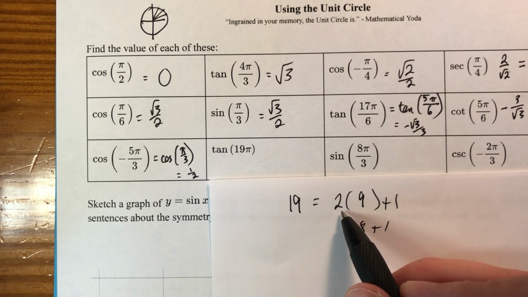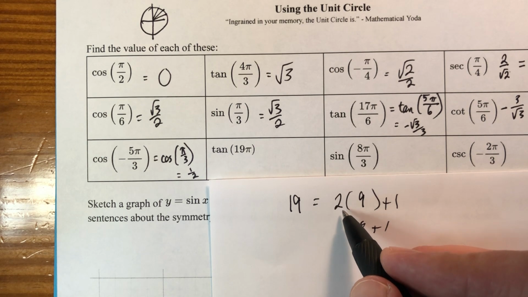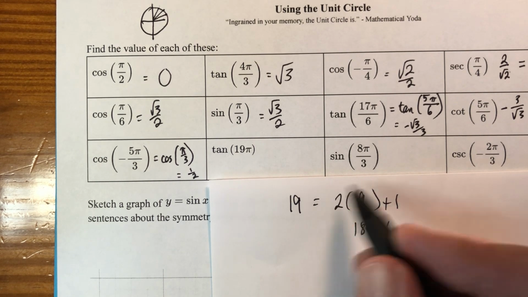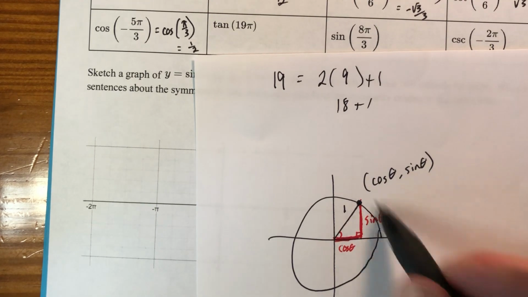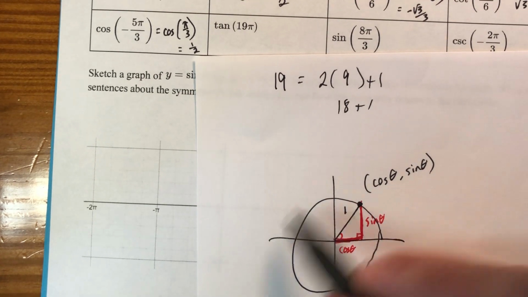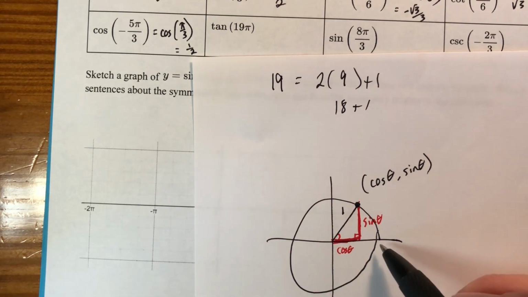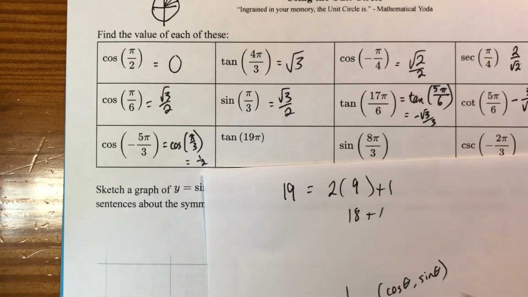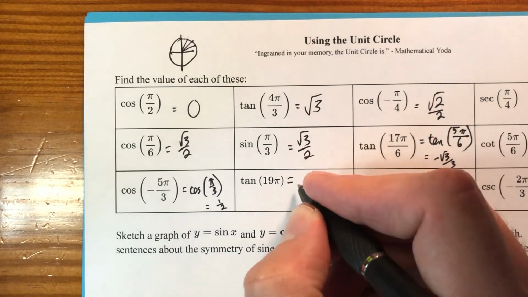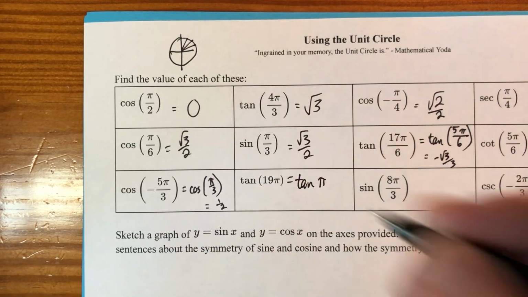Why did I use 2? Because every time I travel 2 pi, I have gone all the way around the circle. So if I go 2 pi, 4 pi, 6 pi, 8 pi, you see what I mean? 18 pi, and then another pi. I'm just back here. I'm at 1. So this is the equivalent of asking for the tangent of pi.